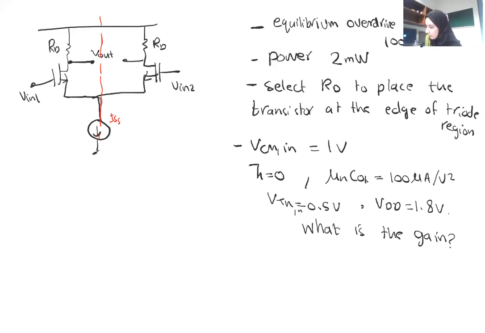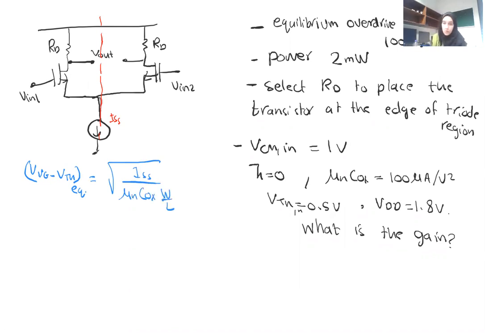Just want to remind you of the equilibrium overdrive voltage relation: VGS minus V threshold equilibrium equals the square root of ISS over mu_n Cox W over L. Okay, so first, yes, Tuba, you have a question?